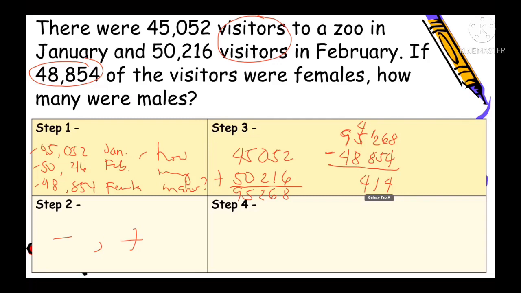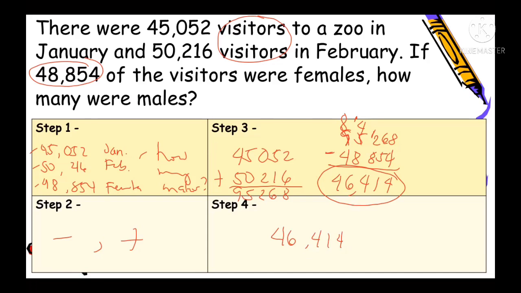4 minus 8. Cannot. So I will borrow from 9. 9 will become 8. 4 will become 14. 14 minus 8. 6. Good. 8 minus 4. 4. So therefore, this is our answer. 46,414. Now for step 4, I will just put this number and we need to find what is the word here beside it.